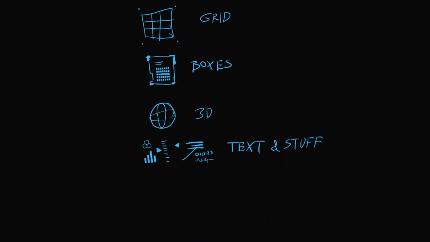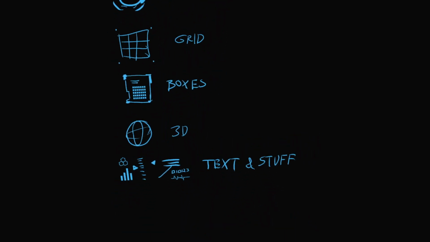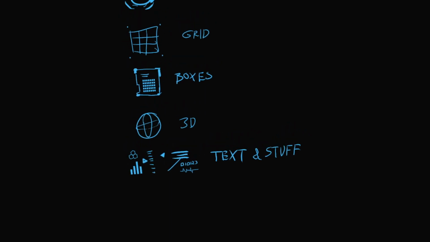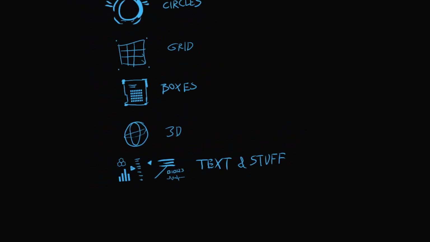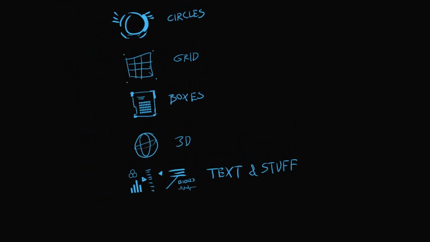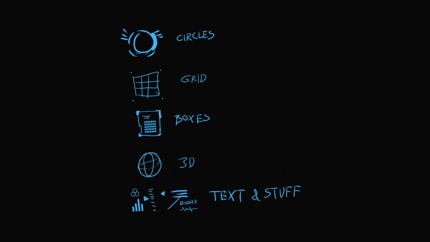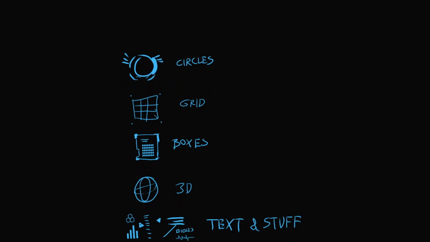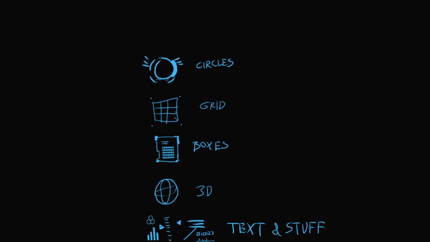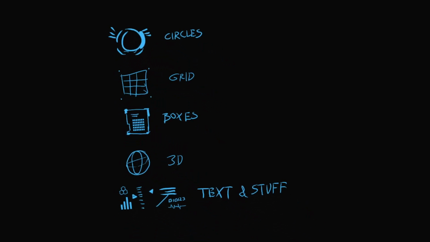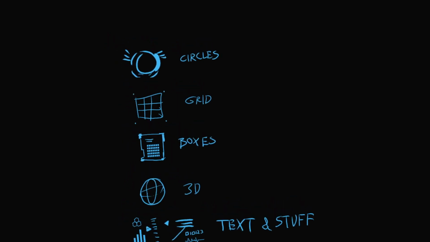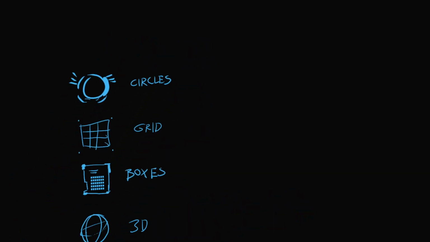And then you have 3D elements in there, and also my favorite, all those little text and details that make it look super neat. I'm gonna go in this order, starting with some circles, then doing some grids, some boxes, 3D, until we have a full-blown sci-fi UI by the end of the class.